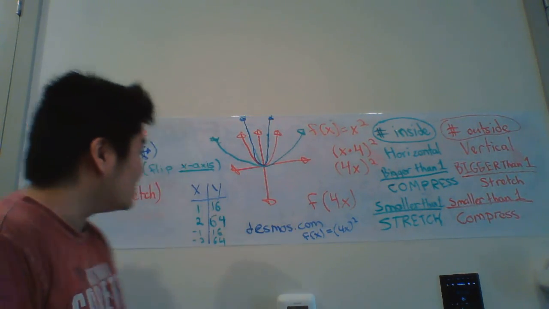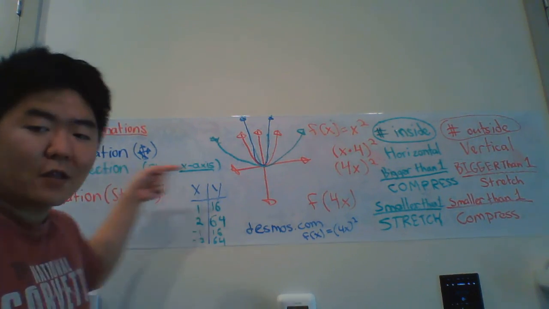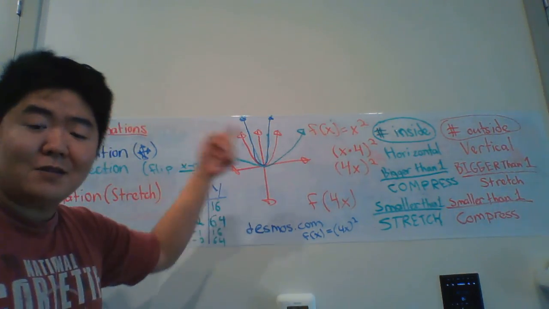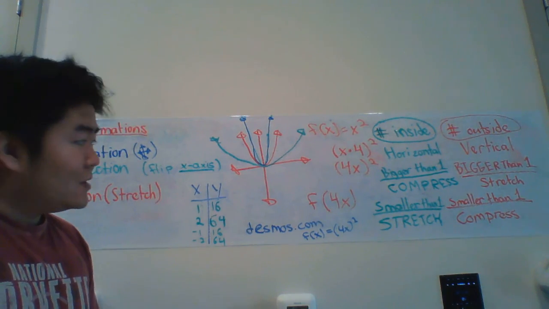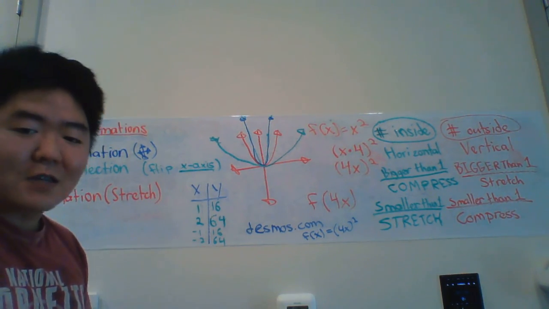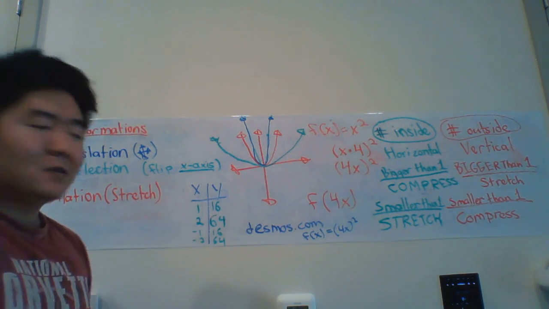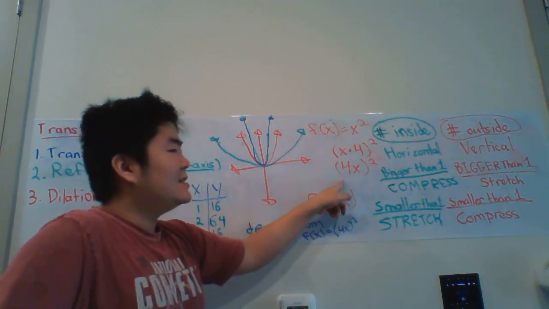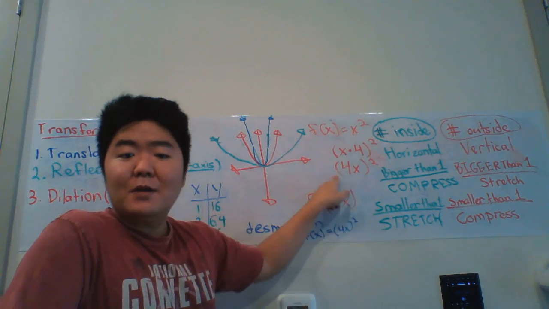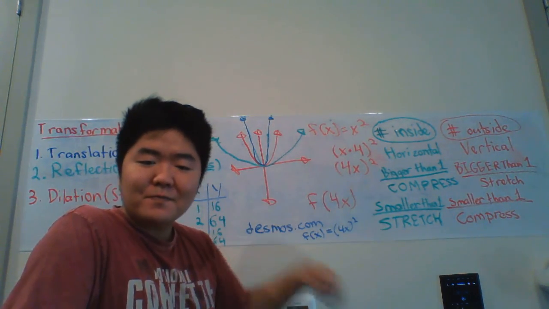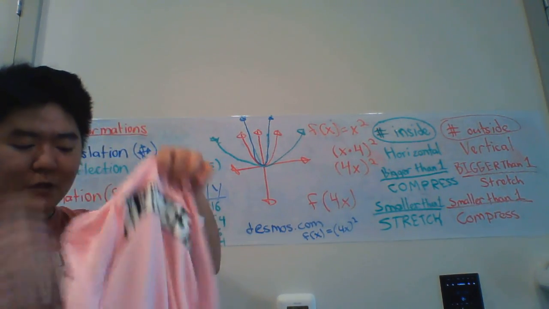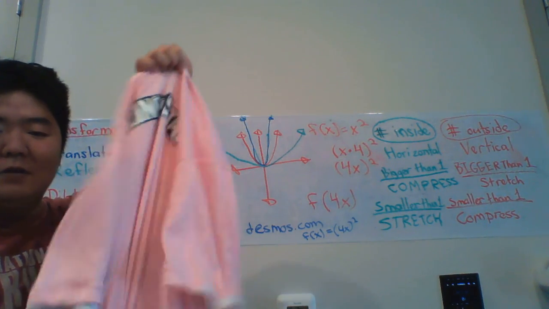Just like translations. Translations, if you're going left and right, it's inside the parentheses. So that's one way to remember it. Left and right, inside parentheses. Because you have a left parentheses and a right parentheses, that means you know you have to go left and right. And then you've got the up and down, of course.